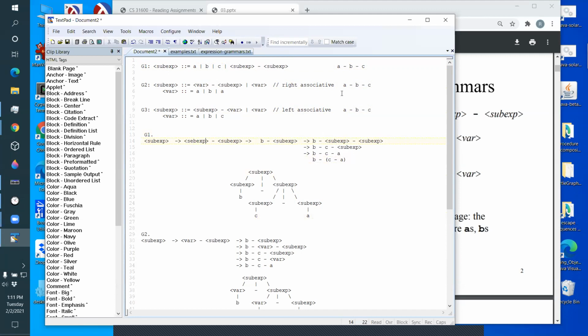It'll take that same expression, A minus B minus C, and group it the other way using that grammar. So that grammar is not going to tell you how to group your expressions, okay?